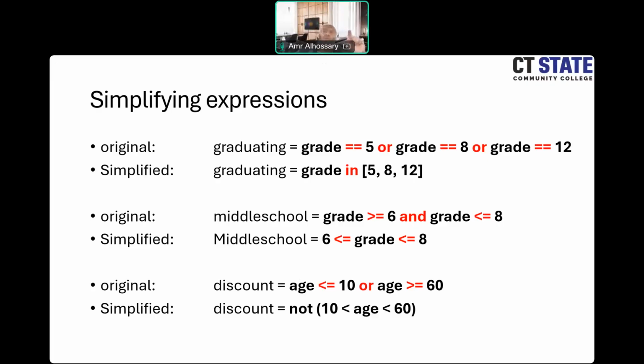It means zero or positive. Same here. So discount is given to age less than or equal to 10 or age greater than or equal to 60. The opposite of this is not smaller than or equal, and smaller than, not smaller than or equal. Okay.